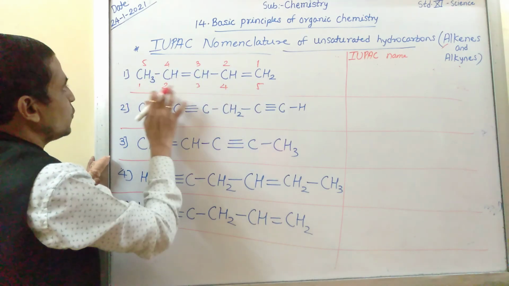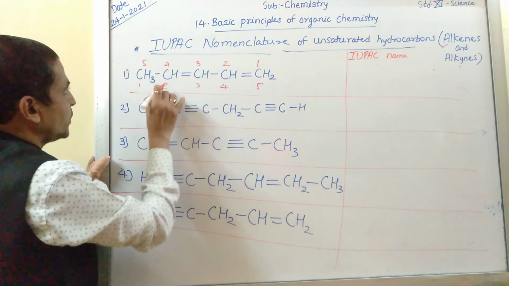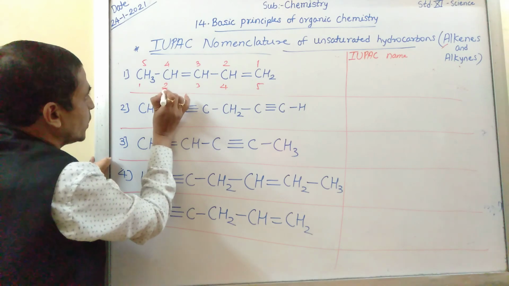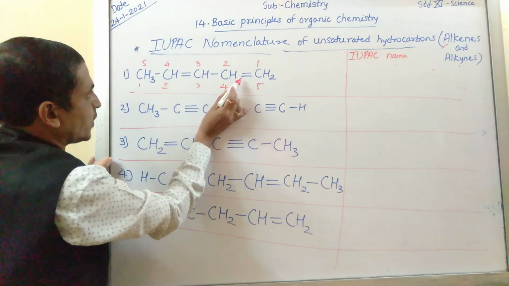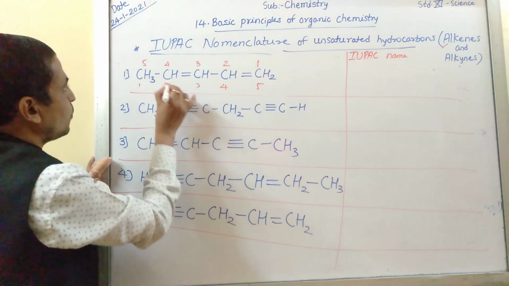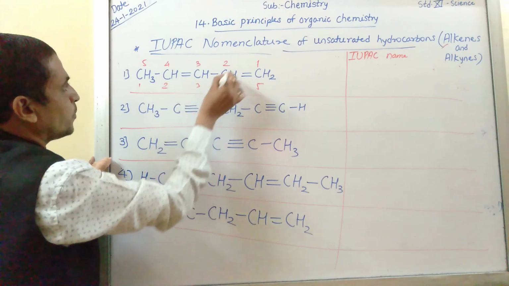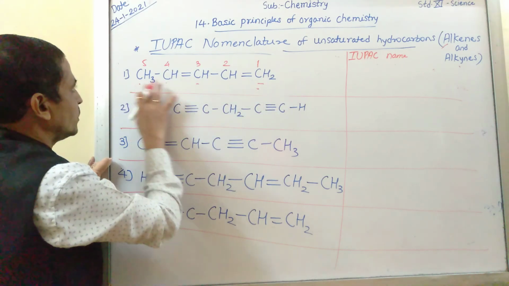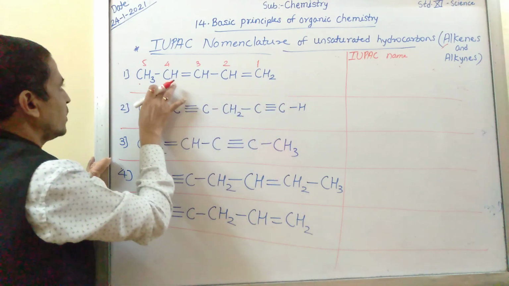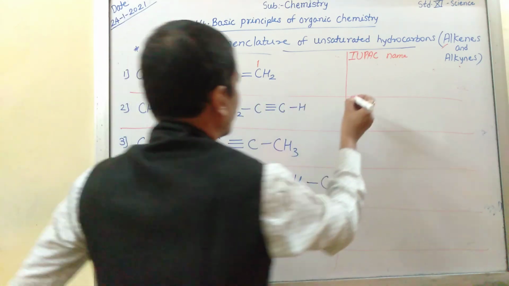And in this numbering, you get a double bond after the second carbon atom and after the 4th carbon atom. So the number is more, that is 2 plus 4 is 6, but here 1 plus 3 is 4, and therefore this is the incorrect numbering. I remove this.